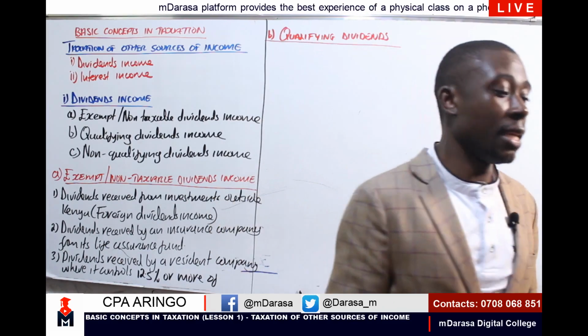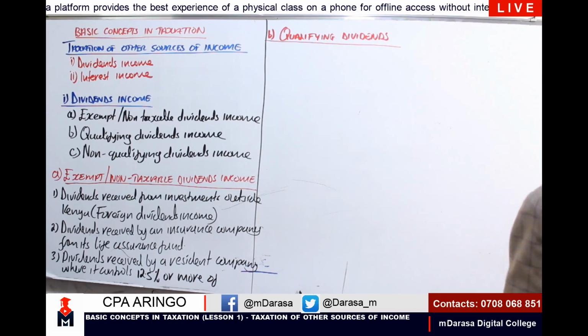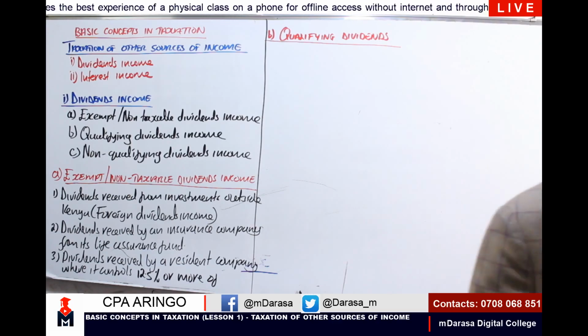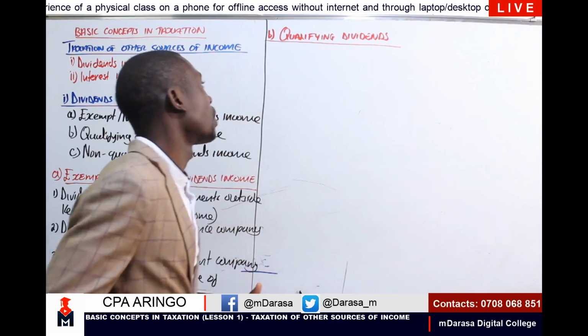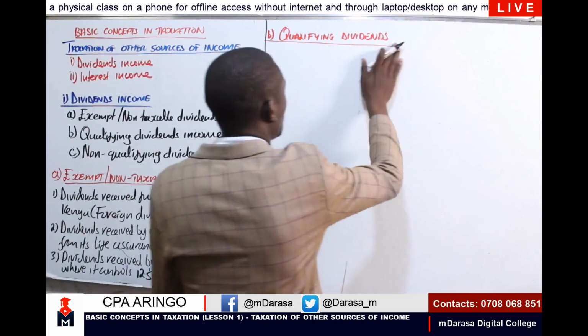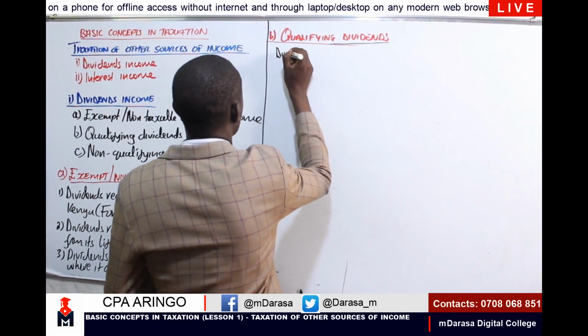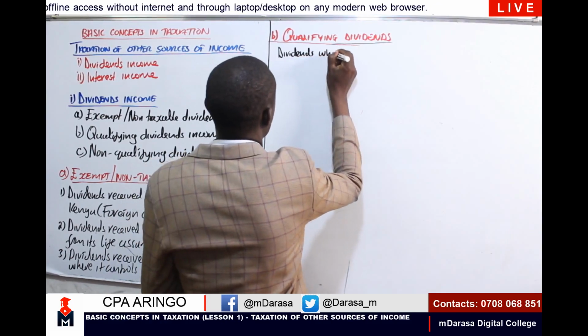Mwalimu is repeating again here. Anytime we are talking of qualifying dividends, you are looking at dividends which are subjected to withholding tax at the rate of 5%, which is a final tax. I'm really insisting on a final tax.